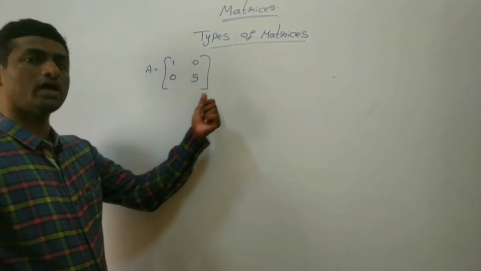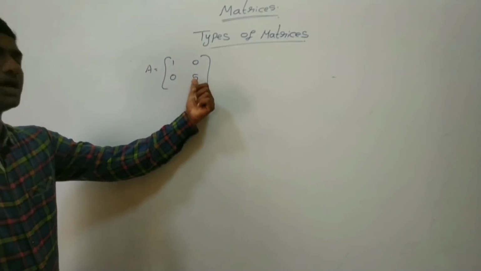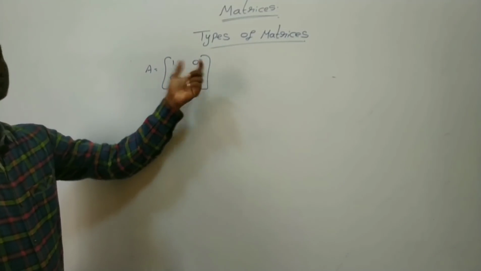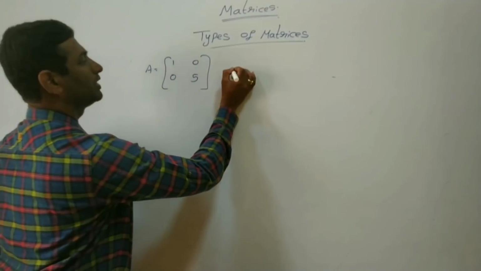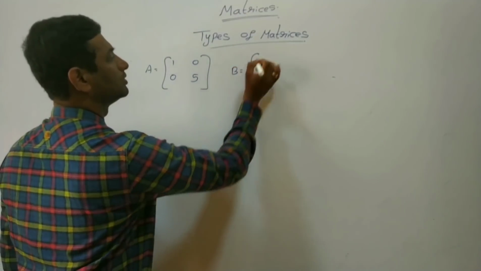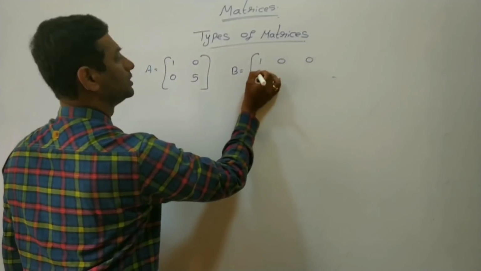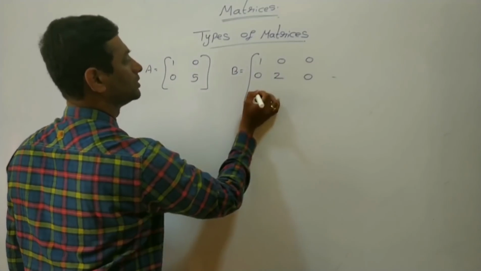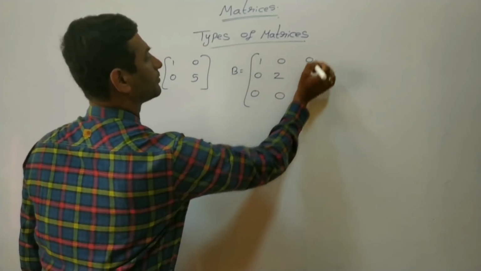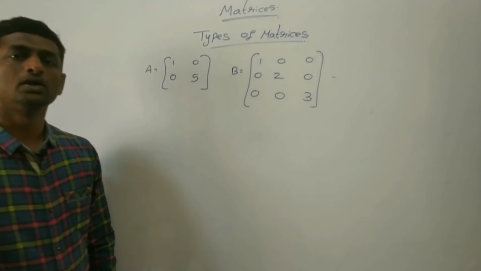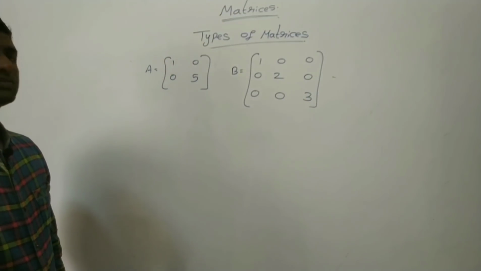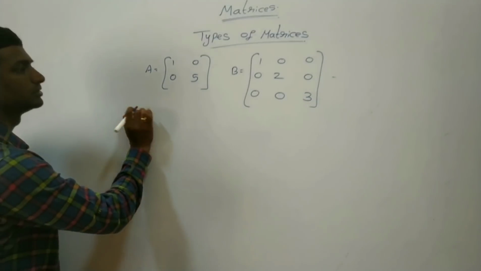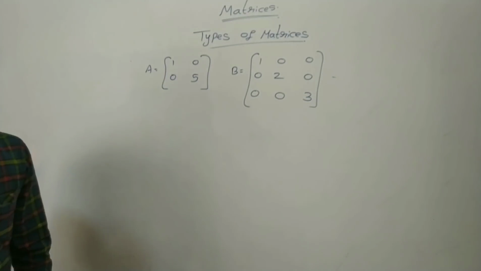It is a square matrix in which 1 and 5 are diagonal elements and the zeros are non-diagonal elements. One more example, B is equal to 1, 0, 0, 0, 2, 0, 0, 0, 3. It is also a diagonal matrix. So these are examples of a diagonal matrix.